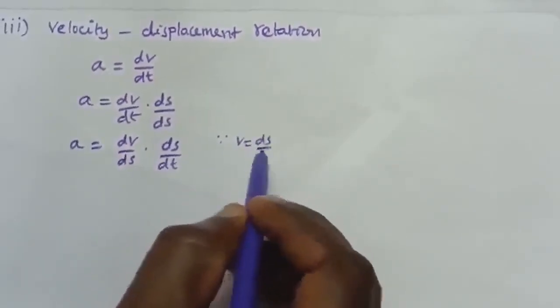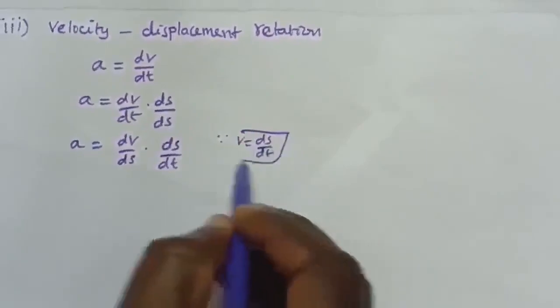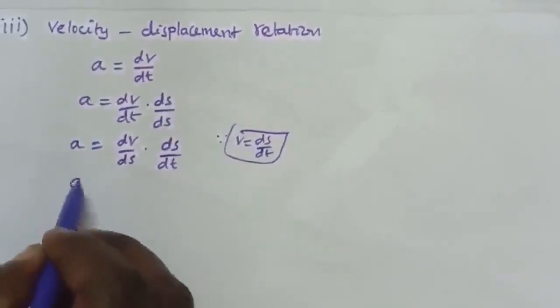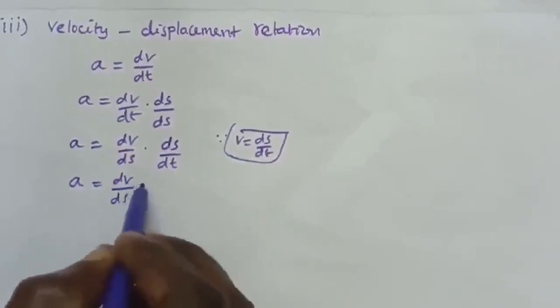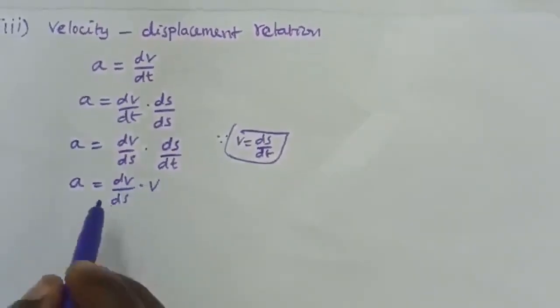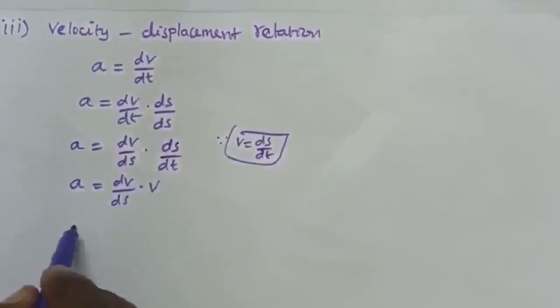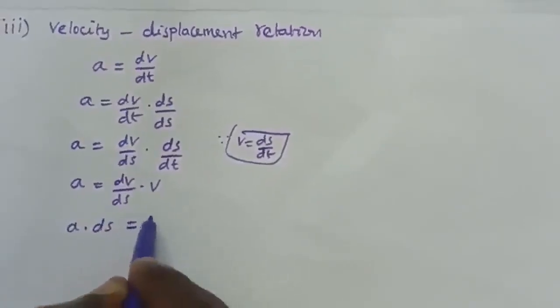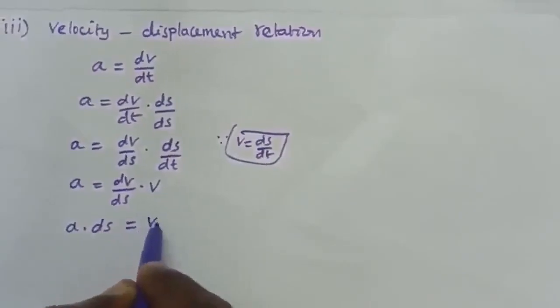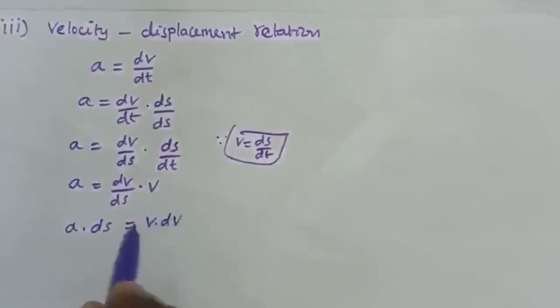Okay, now substitute here dv divided by ds into v. Then a into ds is equal to v into dv.